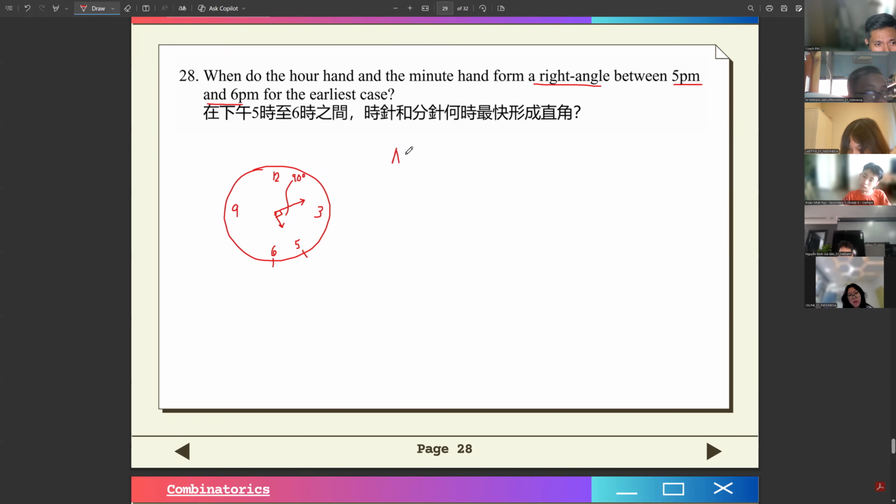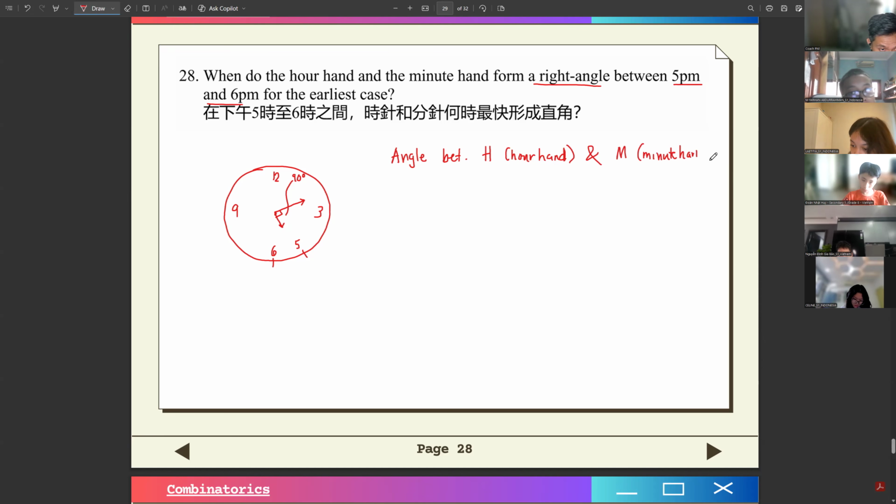But take note, we have a formula for this. Angle between our hand, H, so let's call this H, and M for minute hand. What was the formula again? Anyone?